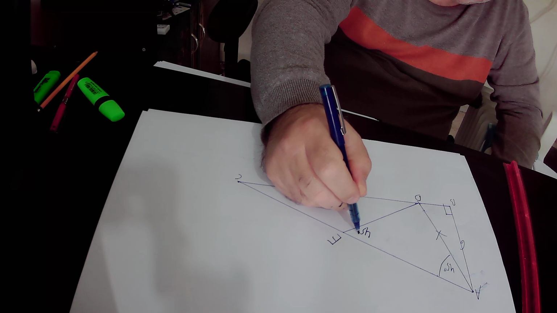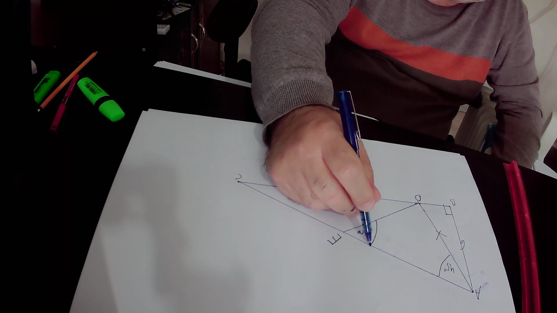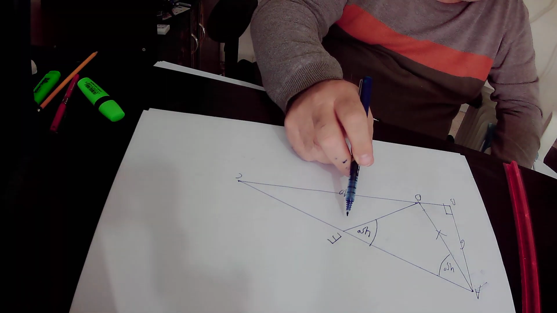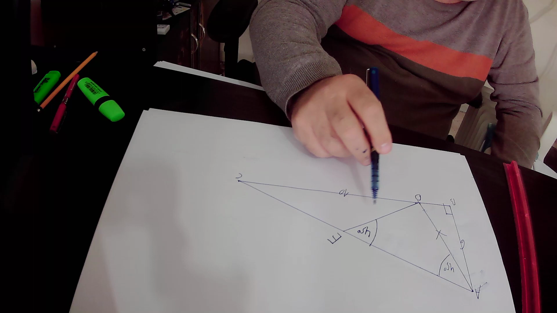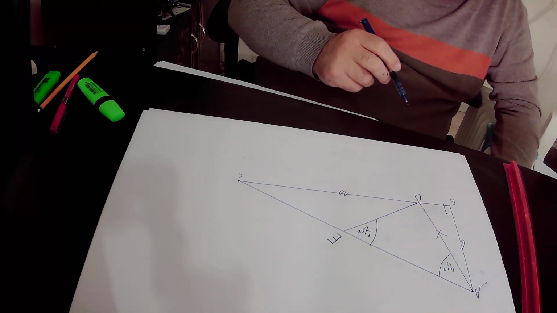We can do it. We can do such a construction that the straight line DE is drawn in such a way that angle AED will be equal to 45 degrees.